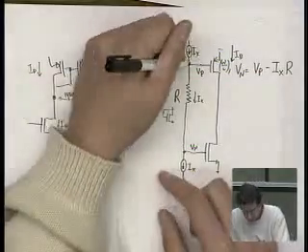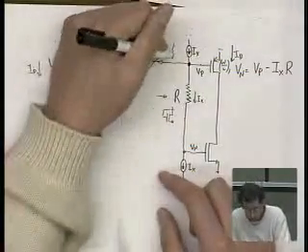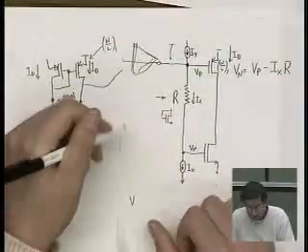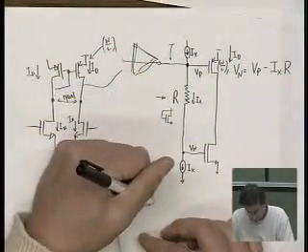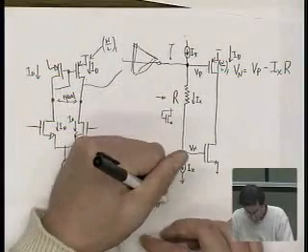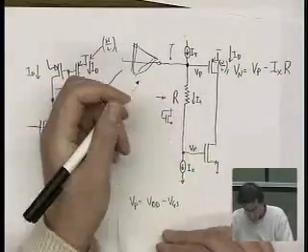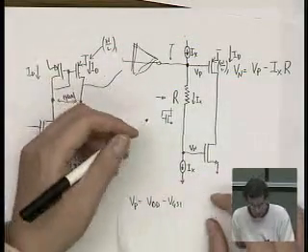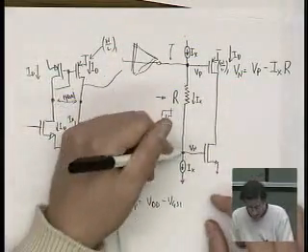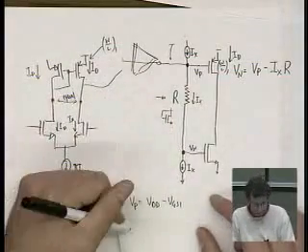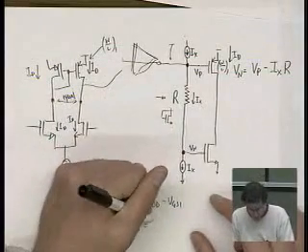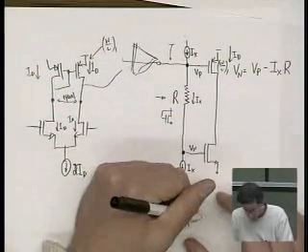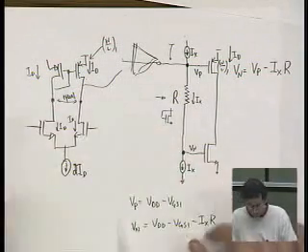So this voltage will be some VGS down from the supply to get that exact current. So VP is going to be equal to VDD minus some VGS1 that's sized exactly correctly. That means VN is going to be equal to VDD minus VGS1 minus IX times R.